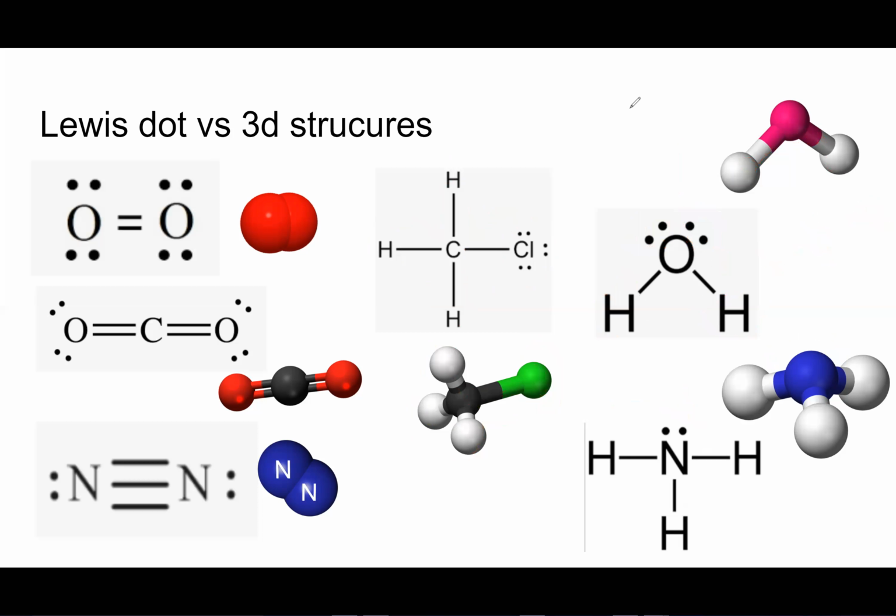Again, I'm not making you know the geometry, so you don't have to be able to explain what I just told you. If you're given either a three-dimensional structure or a Lewis dot structure, you will have to write a Lewis dot structure, but if you're given a three-dimensional structure, you should understand why it has the shape that it does.